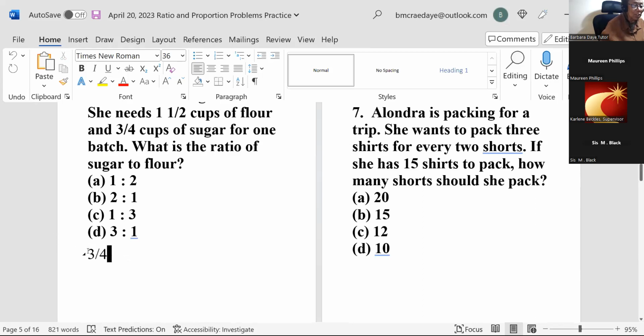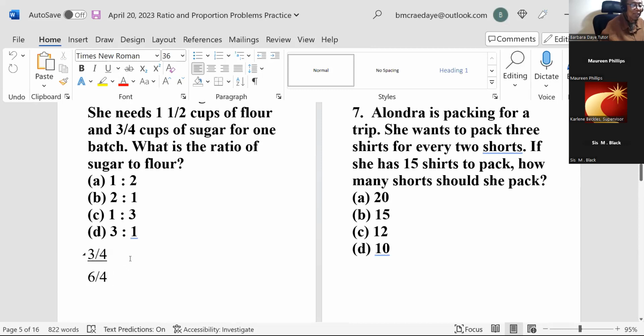The ratio of sugar to flour. So that's 3/4 sugar and 1.5 cups flour. And 1.5 is what? 3/2 or 6/4. The answer is B. 6/4. 1, 2, 3 halves.